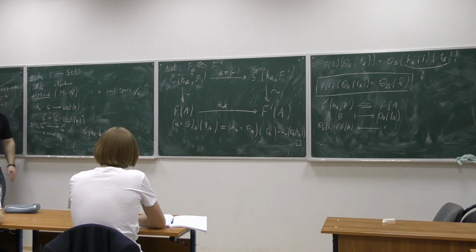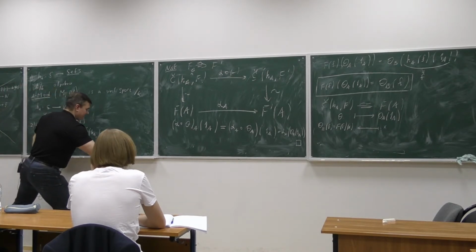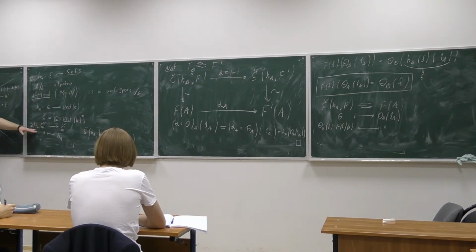From B to A. And what it tells us about this functor? So this is fully faithful, FF for shortness.